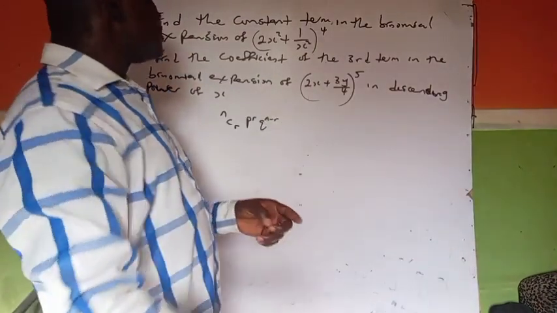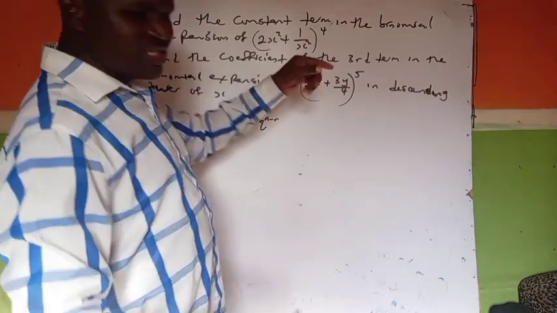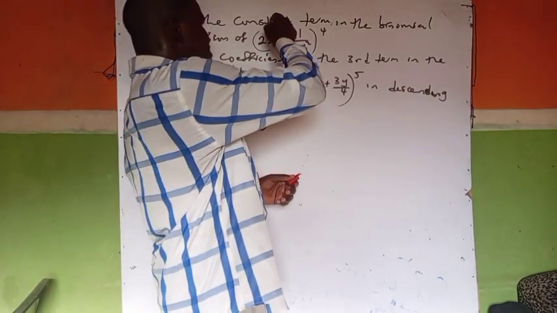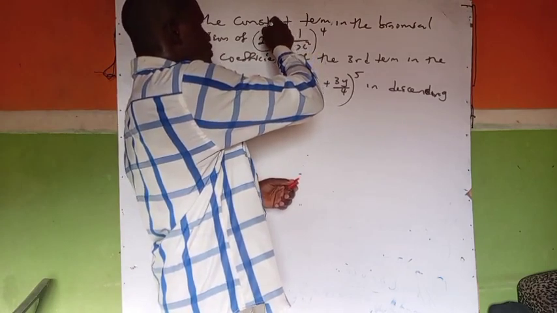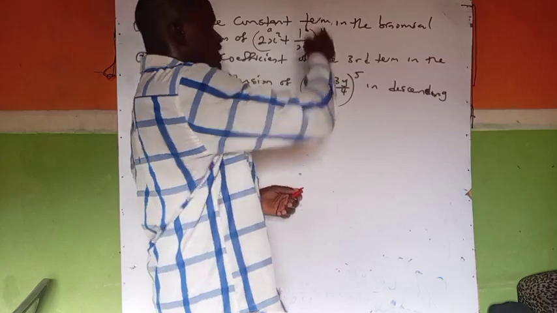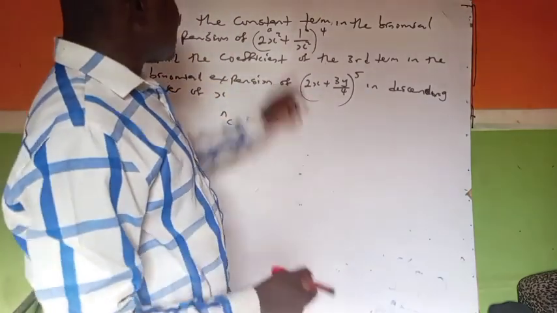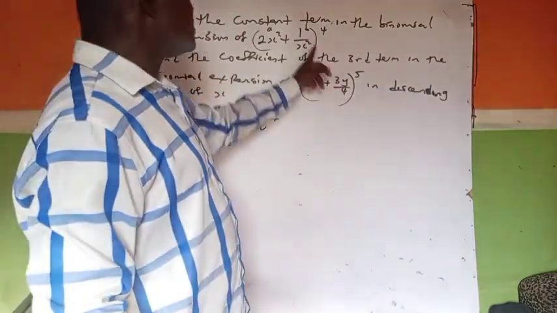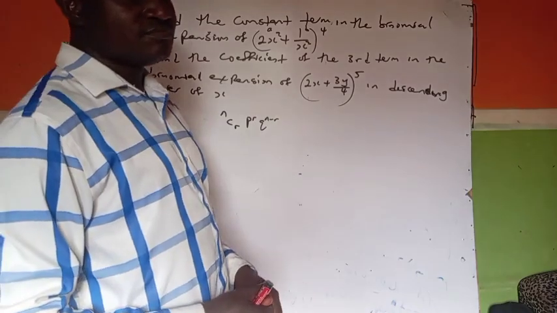The second one is going to be raised to power 3 as the first one is decreasing. If you call this one A and this one B, as A is decreasing as you move towards this side, B will be increasing.